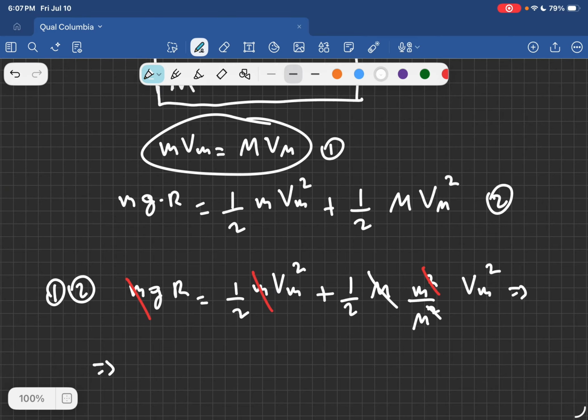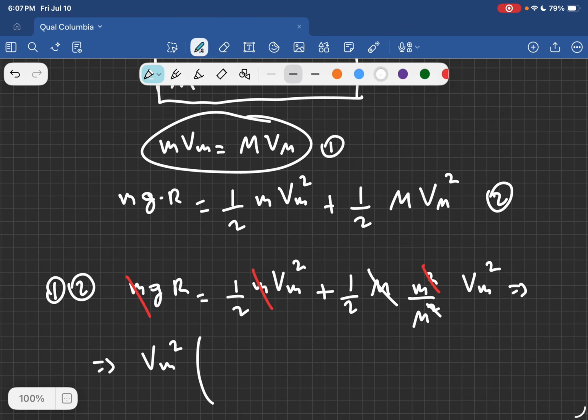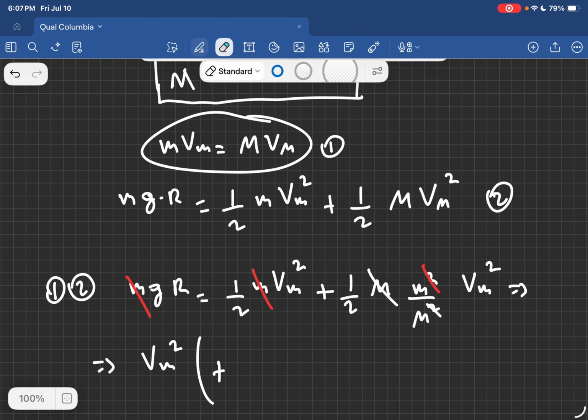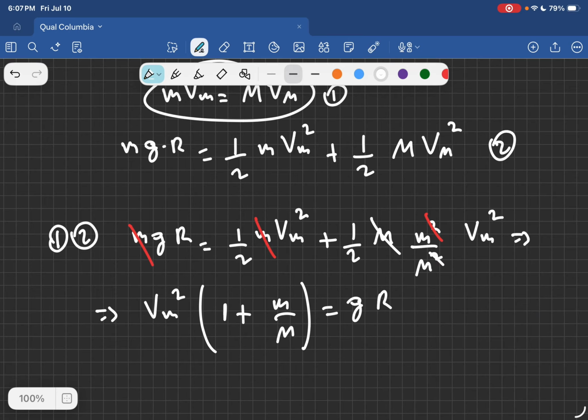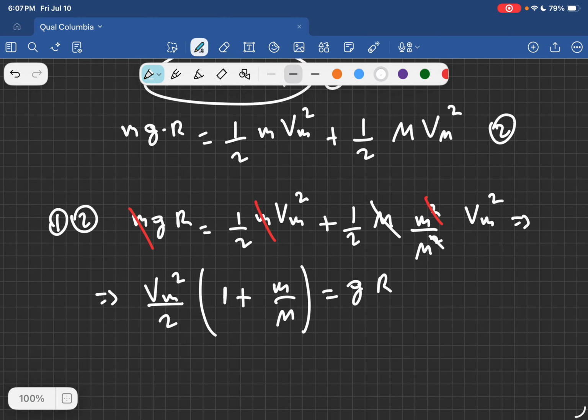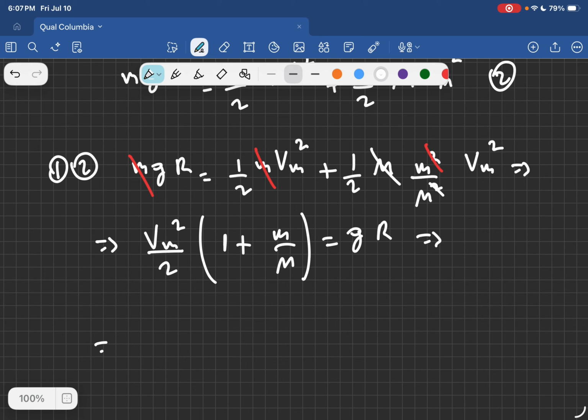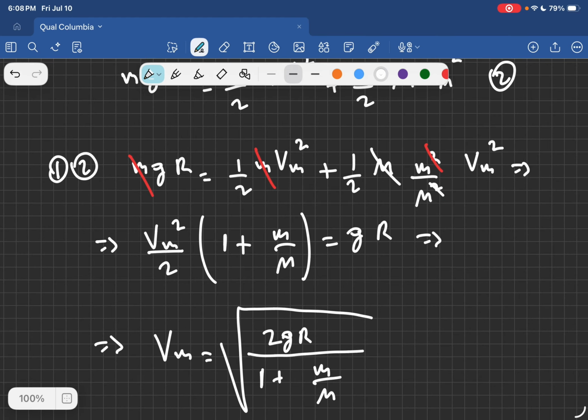Okay. So we have v_m squared over 2 times 1 plus m over capital M is equal to g times r. Which means that v lowercase m becomes 2 times g times r over 1 plus m over capital M, and all this is under a square root.